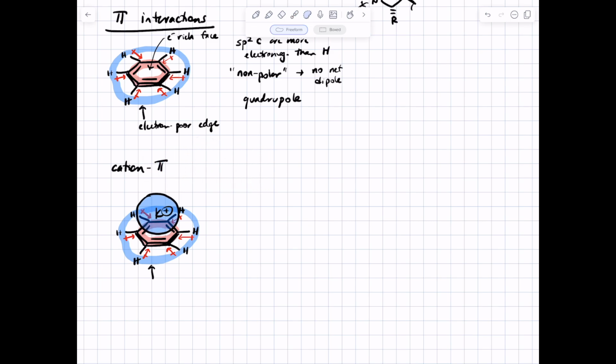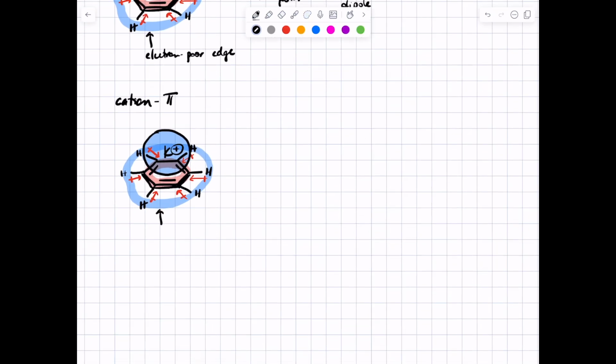The potassium ion can actually sit down on the face of the benzene ring, and there's a strong interaction between the electron-rich carbons of the benzene ring and that cation. That's a cation-pi interaction. And these happen a lot in acetylcholine esterases and in some other neurotransmitter receptors. They happen a lot throughout proteins.